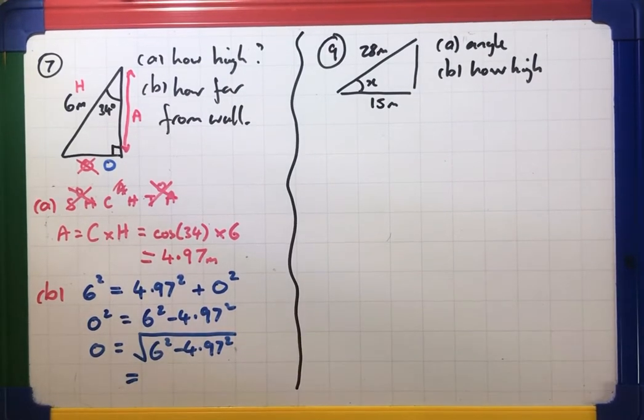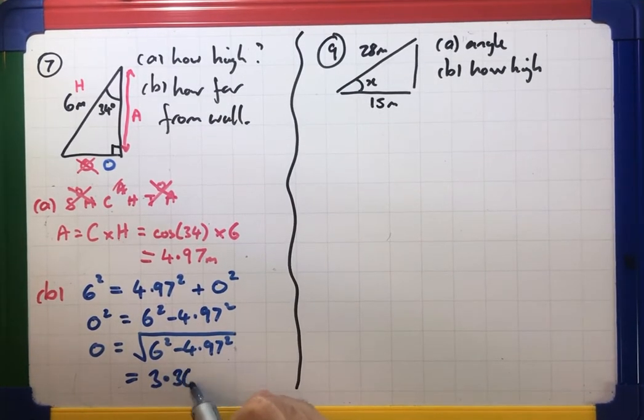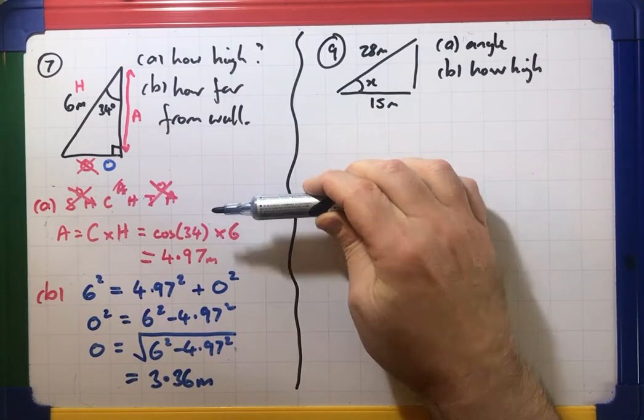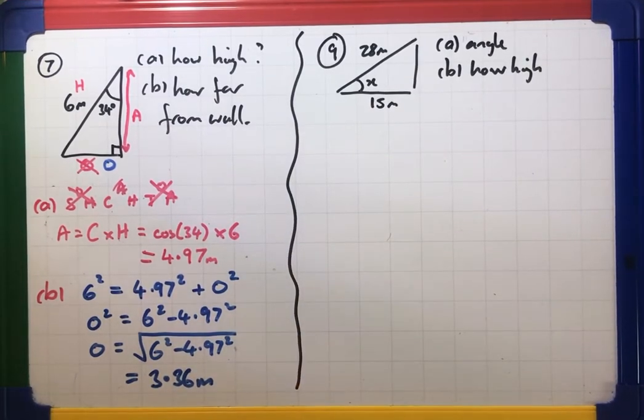And if I work that out, we've got square root of 6 squared minus 4.97 squared. If I work that out, it gives me 3.36 meters. Okay, so that's using SOH CAH TOA and then using Pythagoras' theorem.